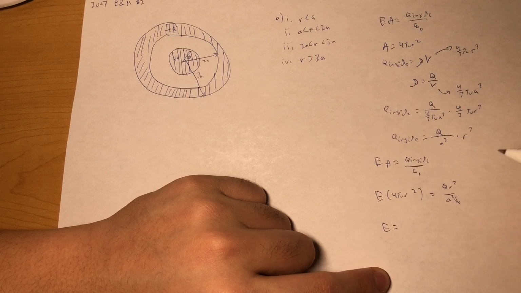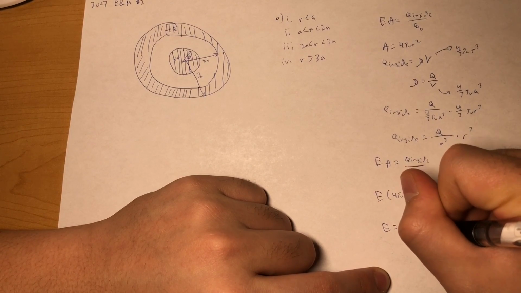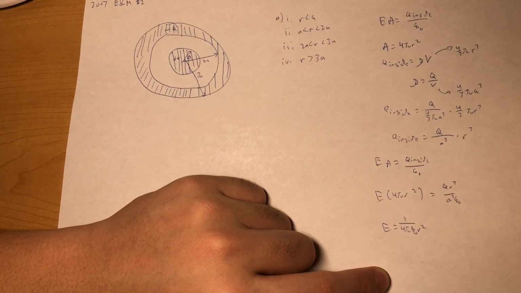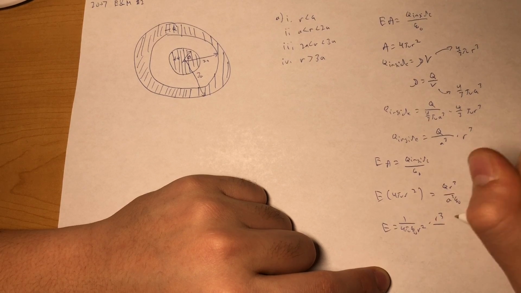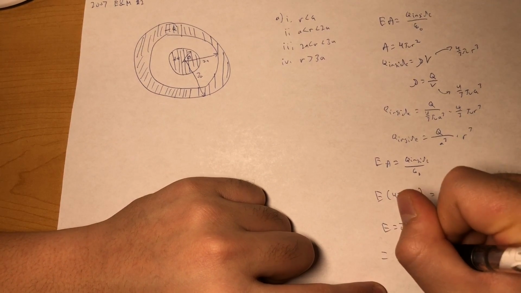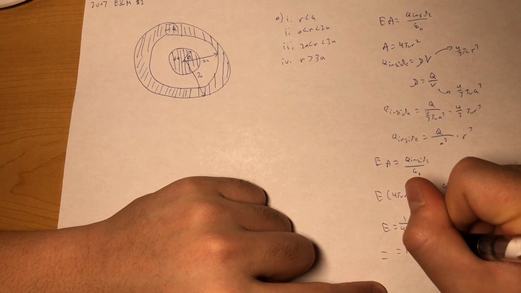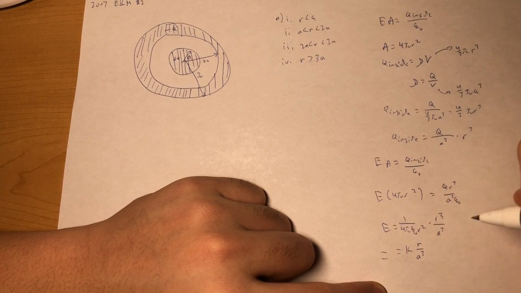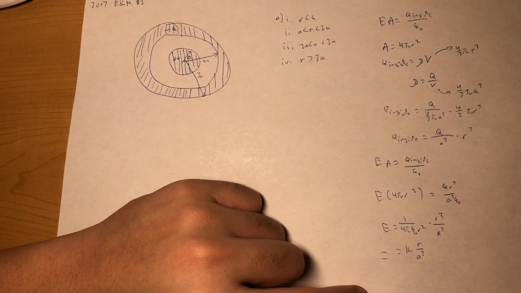E is equal to 1 over 4 pi epsilon naught r squared times r cubed over a cubed. E is equal to k Q r over a cubed. And there you have part 1.